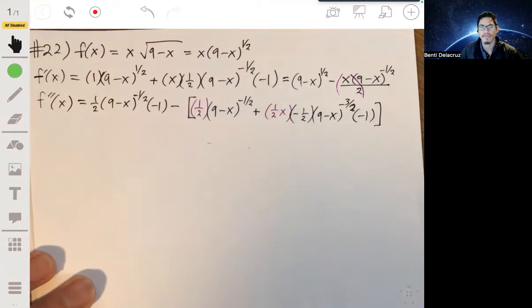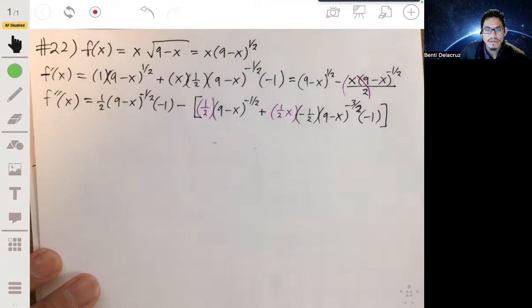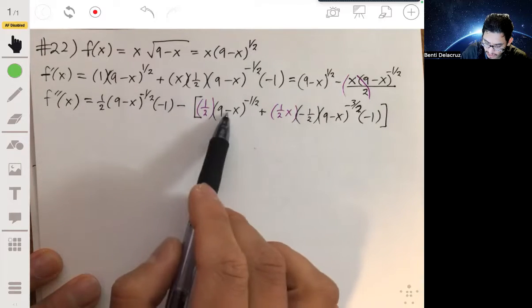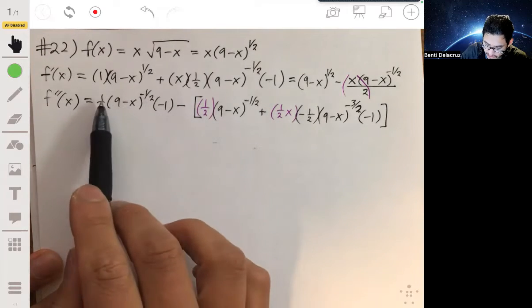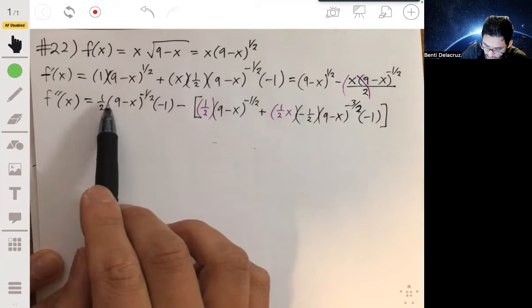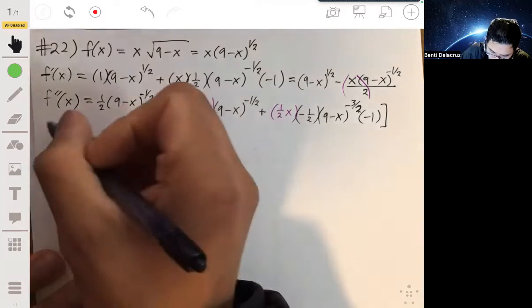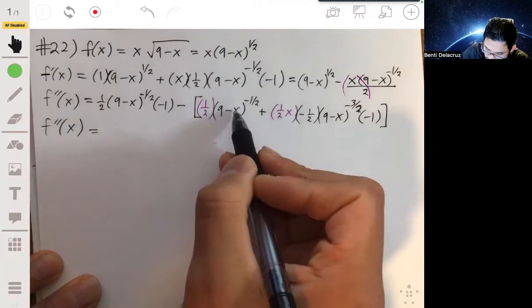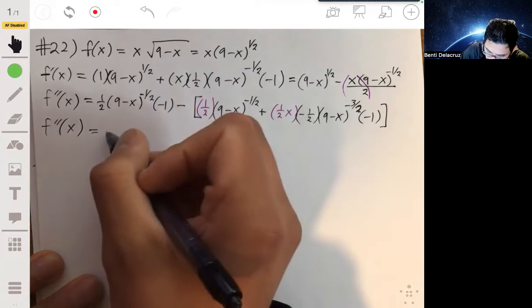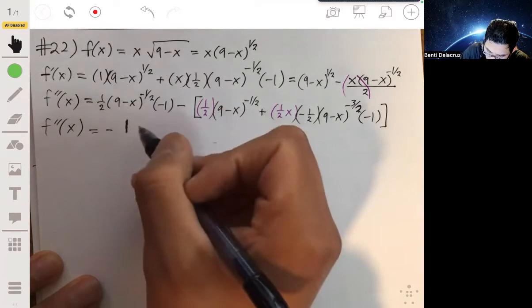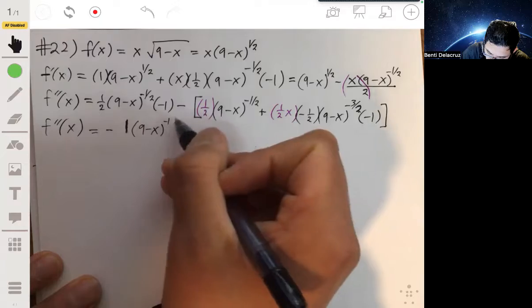Now we just have to simplify as best as we can. So let's try not to get this so messy. These both have a (9 minus x) to the negative 1/2, so we can combine these. So it's negative 1/2 minus a 1/2, which will be just a negative 1 times (9 minus x) to the negative 1/2.